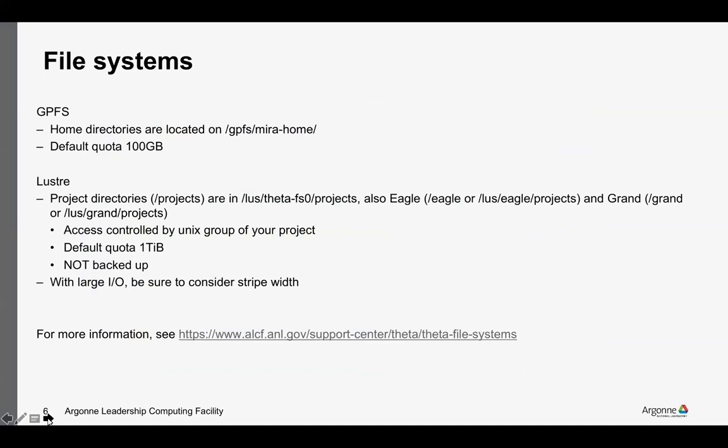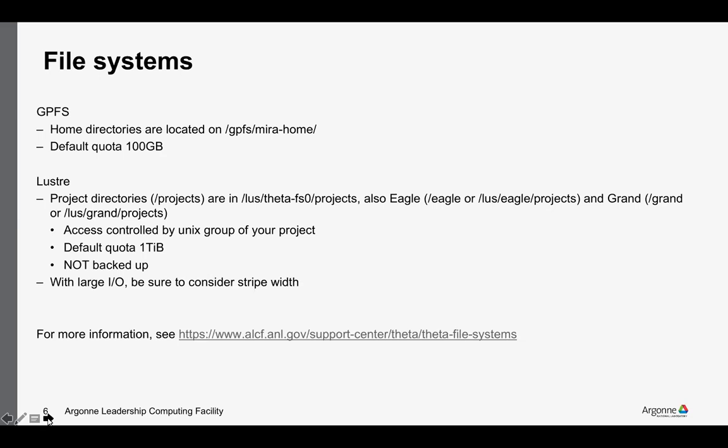For file systems, home directories are located in the GPFS file system, Mira-home, with a default quota of 100 gigs. We encourage you to keep your major software and results data and so on in your home directories, but run your major calculations in the project directories on the Lustre file system, which includes the Eagle and Grand file systems at those paths shown.